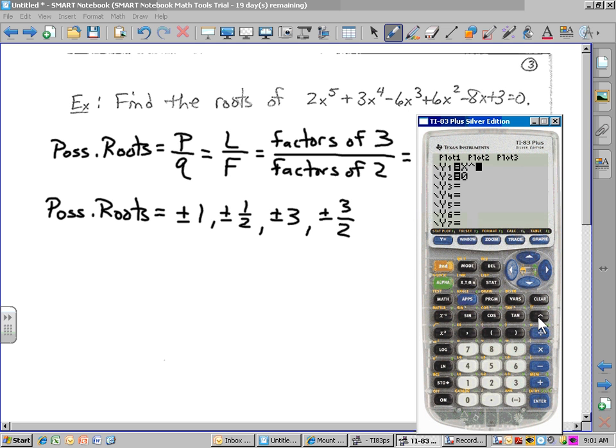Okay, 2x to the 5th plus 3x to the 4th, minus 6x to the 3rd, plus 6x squared, minus 8x plus 3. And y2 we have set equal to 0.